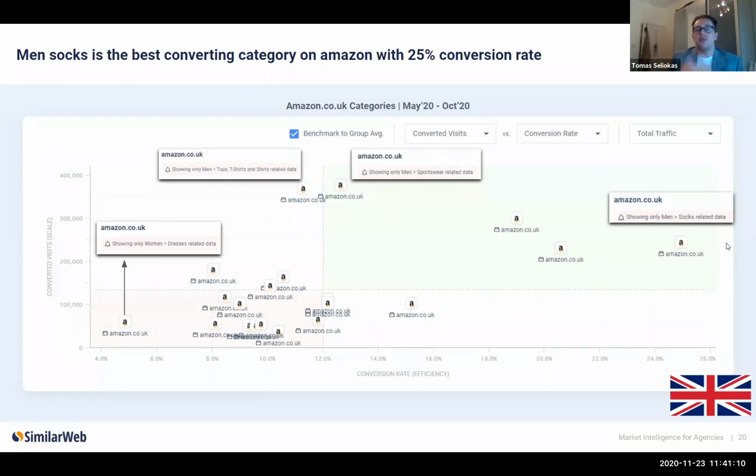Another thing what conversion rate gives you is knowing how you're performing. Because if you're looking at dresses related category and you're selling there and you see that your conversion rate is very low, you don't know if it's because it's lower than sportswear in general, or is because your product in dresses category is underperforming.